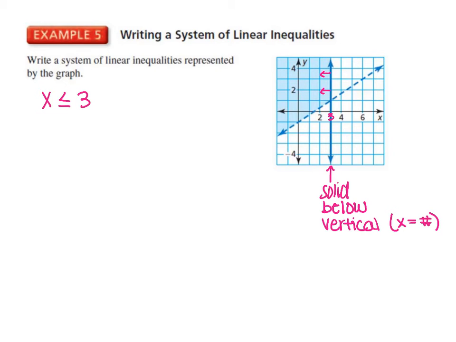My second inequality here is a dashed line. The shading is above that line. Right. The y-intercept, my b value, is at -1.